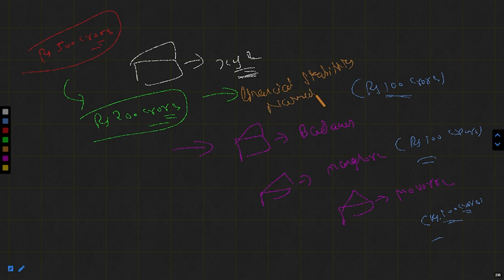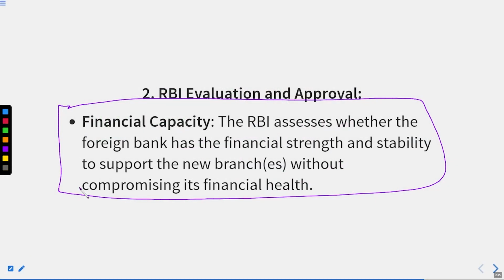Got it? In such a case, the Reserve Bank of India might not allow the bank to expand, because it impacts the financial strength and stability of the bank to support the new branches as well as the existing branches.